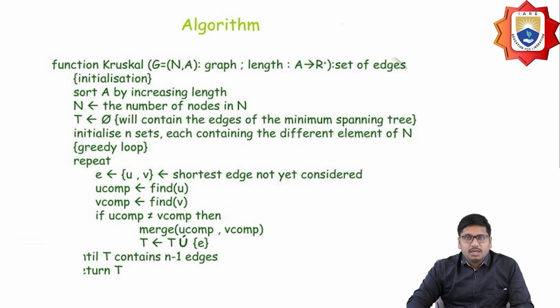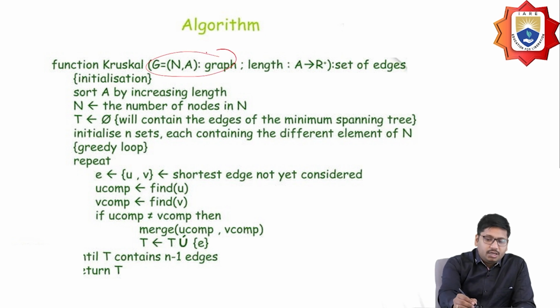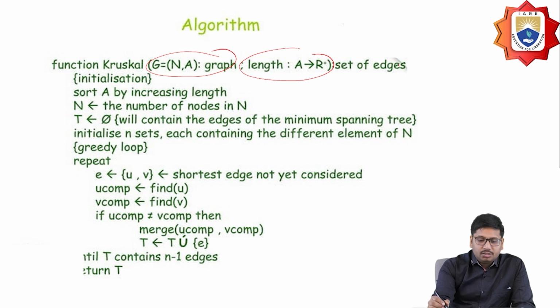So this should be the algorithm for constructing the Kruskal's tree. Initially, I'm going to be passed the graph as the input, with the length and the set of edges. That should be the initialization part. Once that is done, we have to sort all the edges in the graph in increasing length. N should be the number of nodes, and initially the spanning tree should be empty.